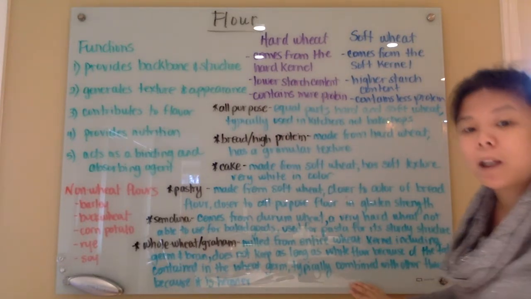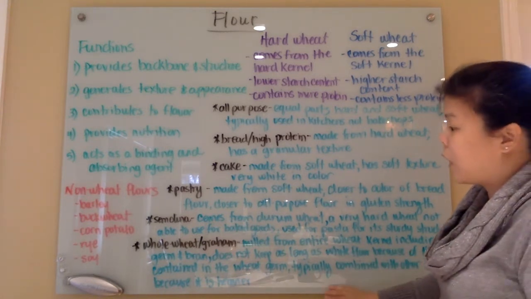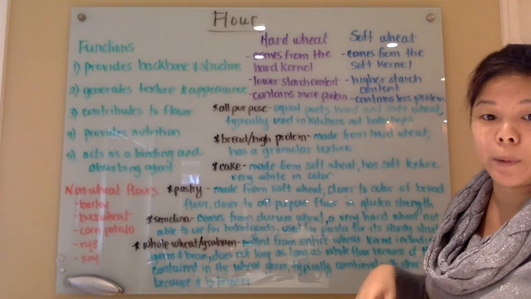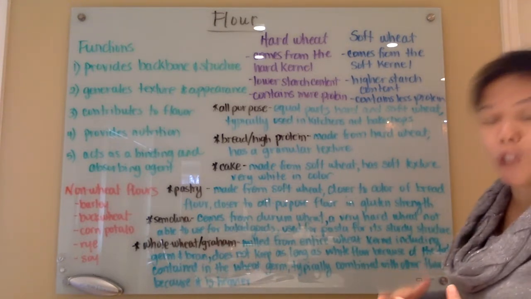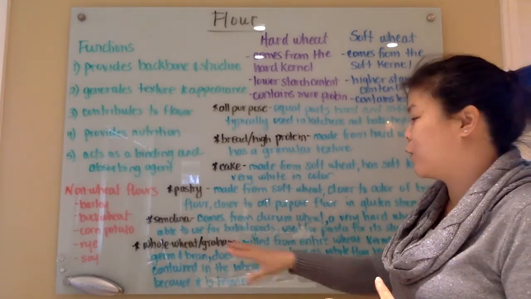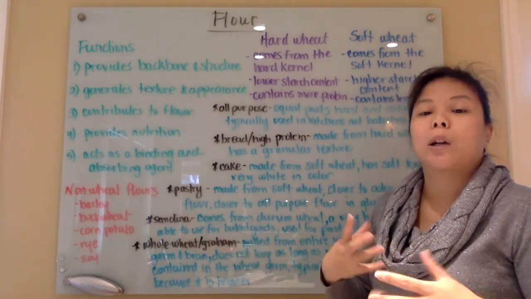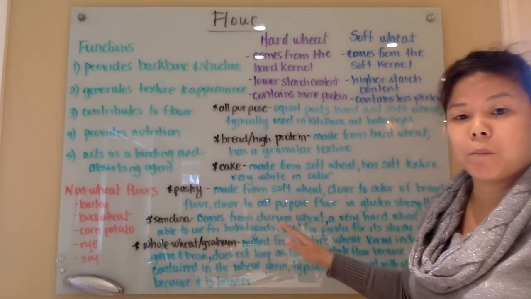This is typically combined with some other flour, commonly bread or all-purpose flour, because it is much heavier than traditional flours. If you tried to make bread with 100% whole wheat flour, it would be very hard, very dense bread.